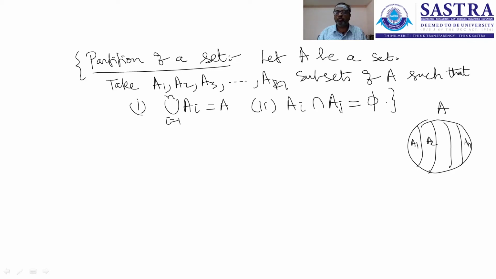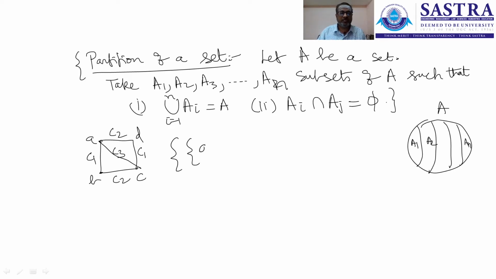And when I count all the elements in the subsets, that would give you the set A. Similarly, for the same graph which I have drawn earlier, A, B, C, D, suppose I give C1 here, C2 here, C2 can be given here, C3 can be given here, and this one can be given C2. So in this case, your edge set can be partitioned like this.